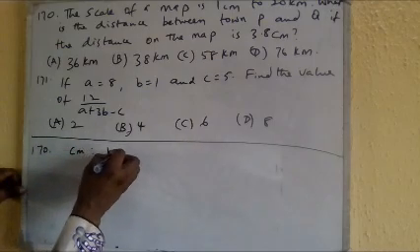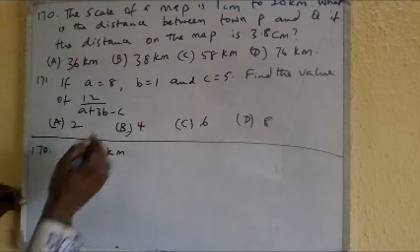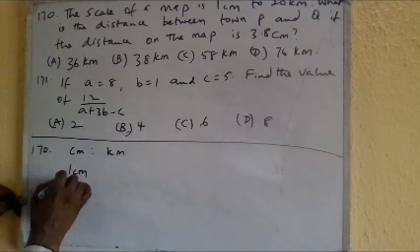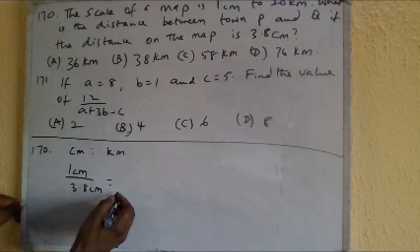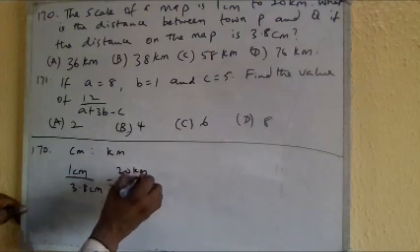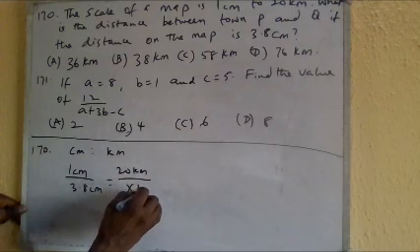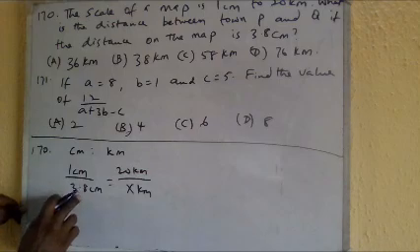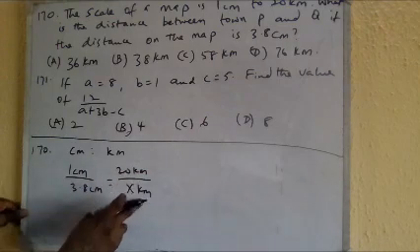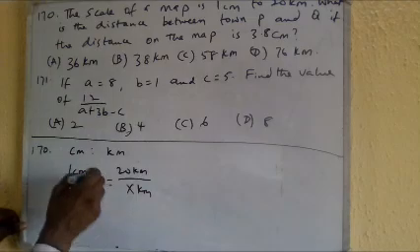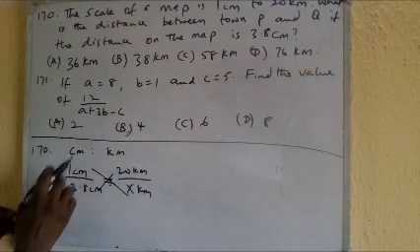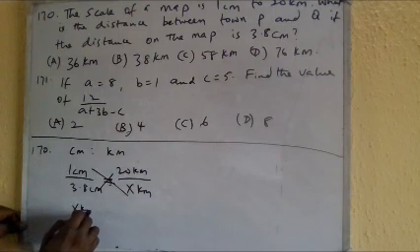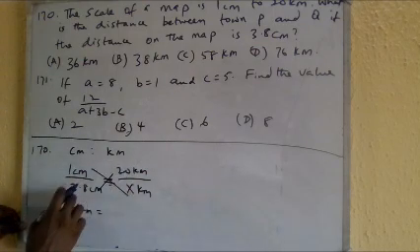So cm ratio, 1 cm over 3.8 cm is equal to 20 kilometer over x kilometer. You see, 1 is to this, 3.8 is to the unknown. We're looking for this unknown. So at this point, we cross multiply. X times 1 is x kilometer is equal to 20 times 3.8.